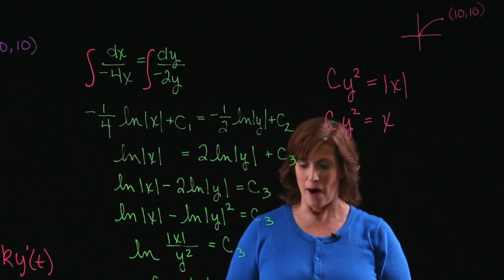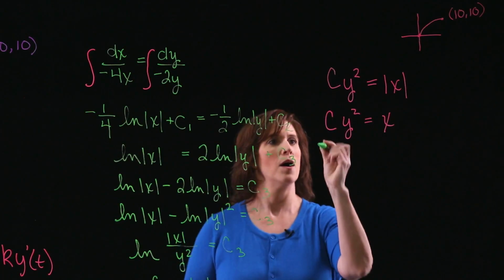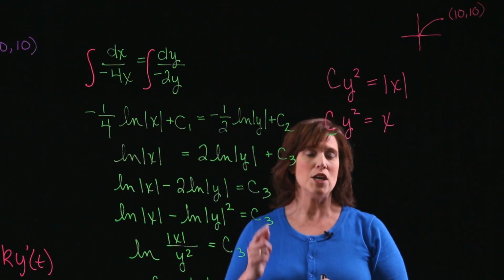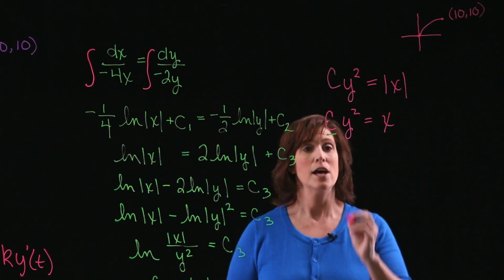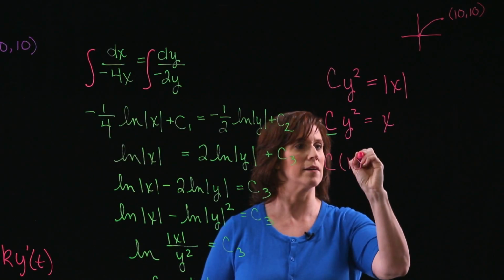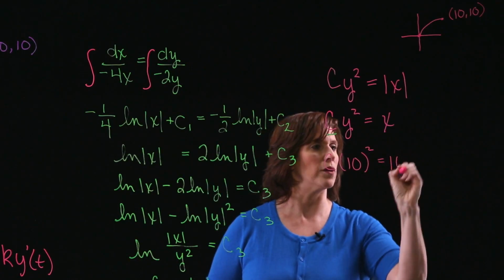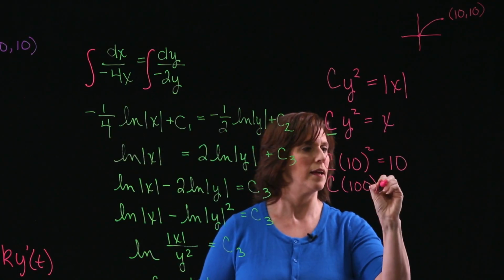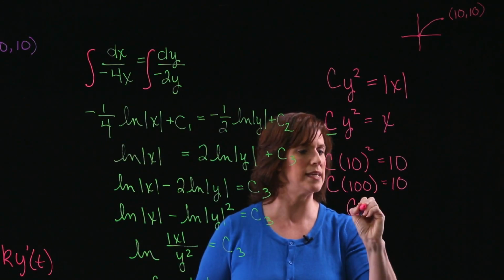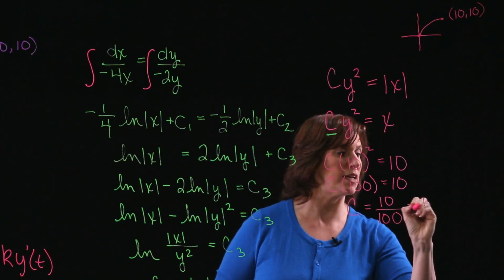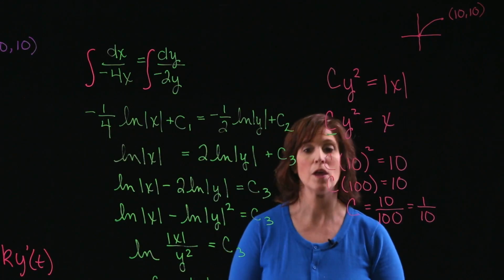One last thing to do. I would like to figure out what that constant is for this particular problem. And I know I'm starting at the point 10, 10. So that means that c times 10 squared is going to equal 10. Or in other words, c times 100 equals 10, or c equals 10 over 100, which is 1/10.